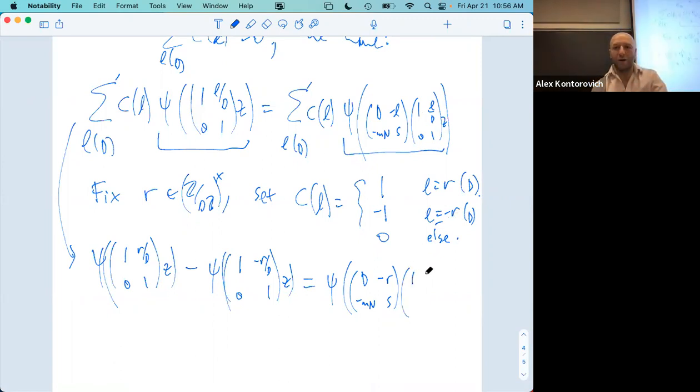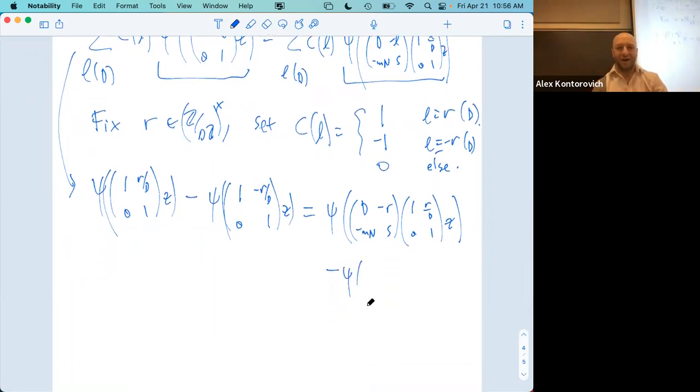Here I get a (1 R over D 0, 1) Z minus, since when L is equal to minus R, then C is equal to minus 1, psi of D, now instead of minus R, I have a plus R. Instead of a minus, I have a plus R. I'll work out what these have to be in just a second. And then I have a (1 minus R over D 0, 1) Z. So let's work out what this bottom row is.